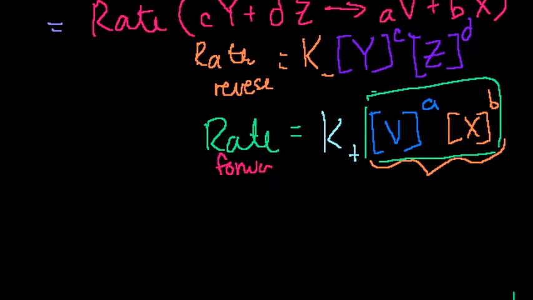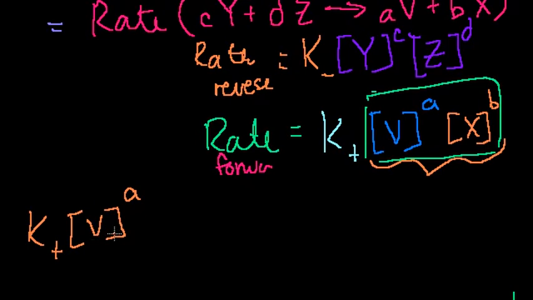When the forward rate is this, that's our forward constant, which took into account a whole bunch of temperature and molecular structure and all of that, times the concentration of our V molecule to the A power. You can kind of view that as the probability of finding V molecules in a certain volume, and that volume can be factored into that K factor as well.